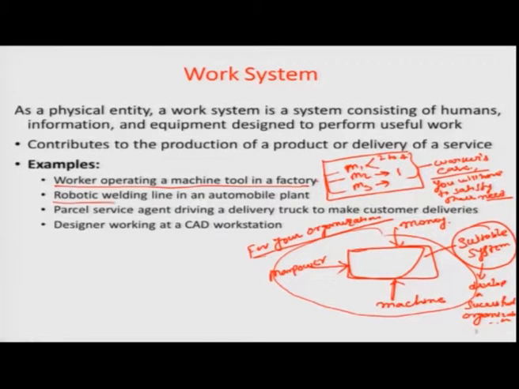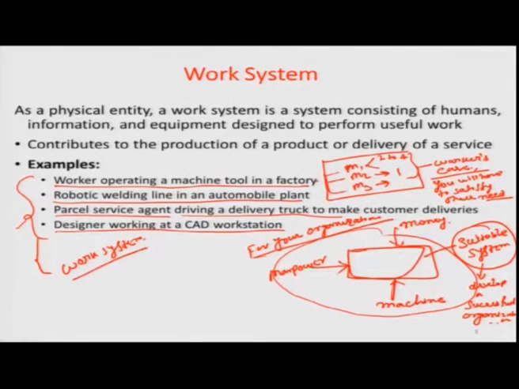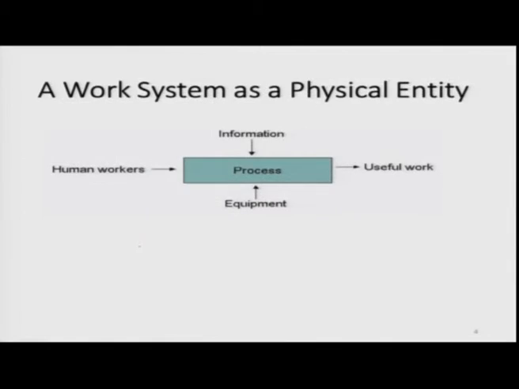Okay. Robotic welding line in an automatic plant, parcel service agent driving a delivery truck to make customer delivery, designer working at a CAD workstation. Okay. So, you can see that when you integrate all these elements, there will be a formation of work system. Okay. Here are the elements of a work system.